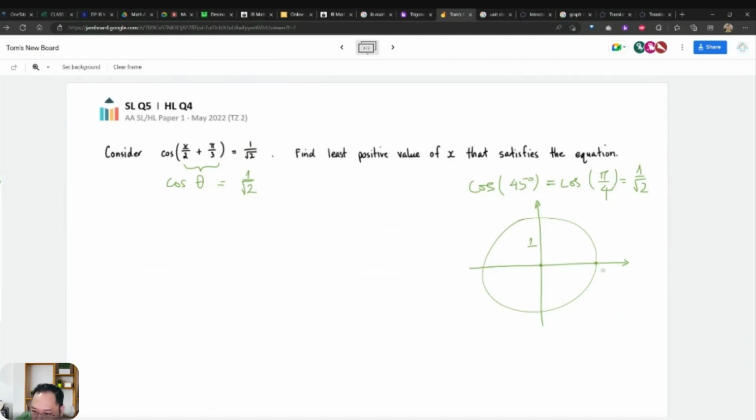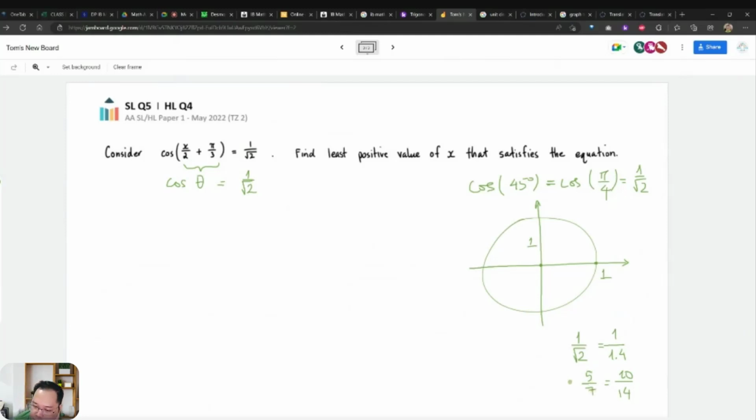Just make it 1 centimeter. Then estimate 1 over square root 2. The square root of 2 is about 1.4, so it is like 10 over 14, which is like 5 over 7.